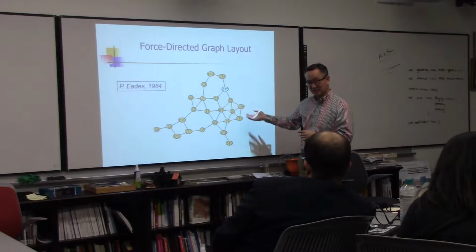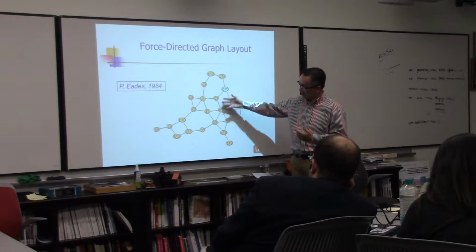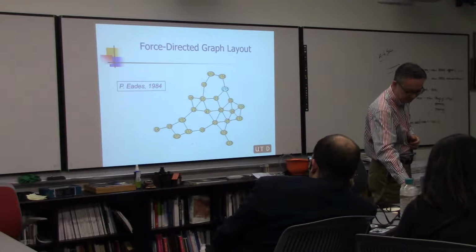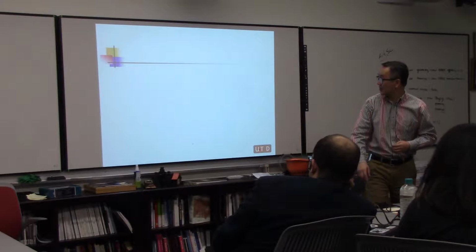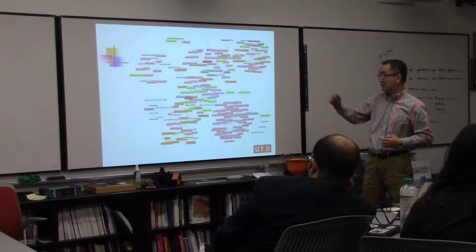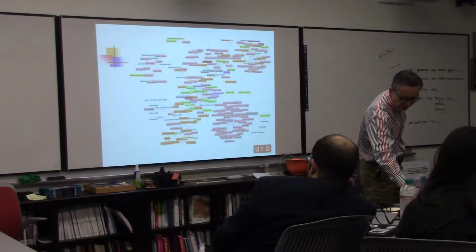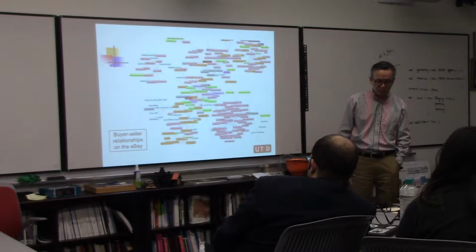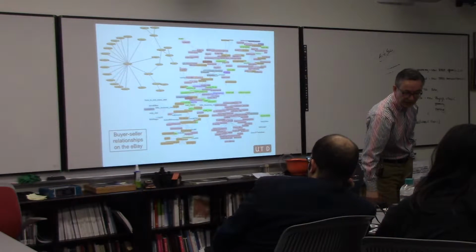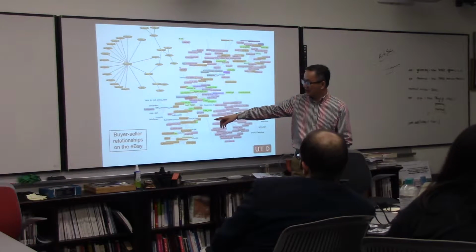Okay, I experimented with that as well, and because this is animated, when you draw this graph, it can be animated very well. So this is what we did using the same algorithm. We improved that algorithm a little bit, and this is to show the relationship between buyers and sellers on eBay.